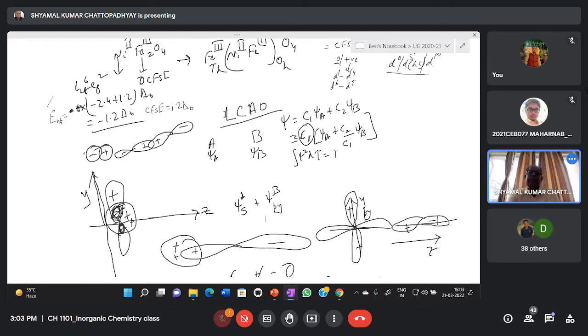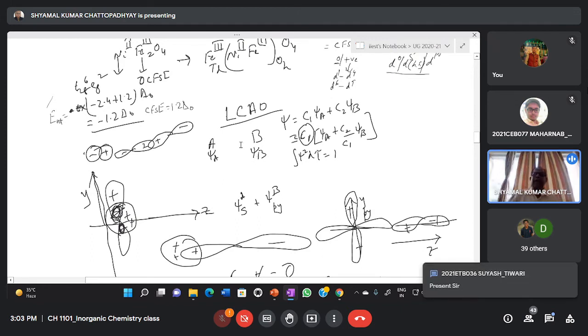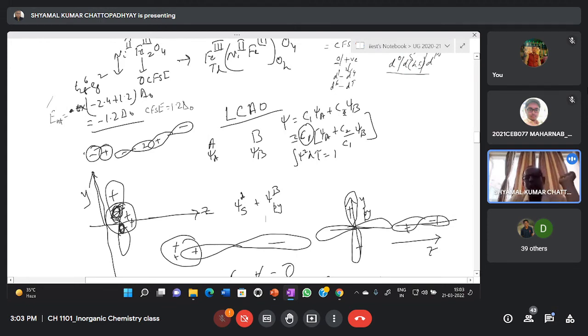That means when two atoms A and B each contain one electron, suppose the electron of A is occupying an orbital described by the wave function psi A, and the electron of B is occupying an orbital described by the wave function psi B. Then in the molecule, when they combine, we'll have a molecular orbital which may be described as C1 psi A plus C2 psi B, which is called linear combination of atomic orbitals.